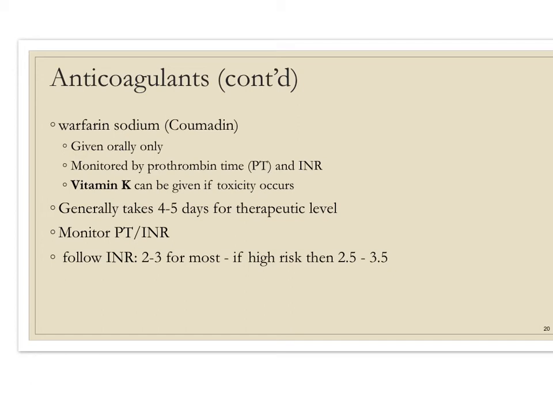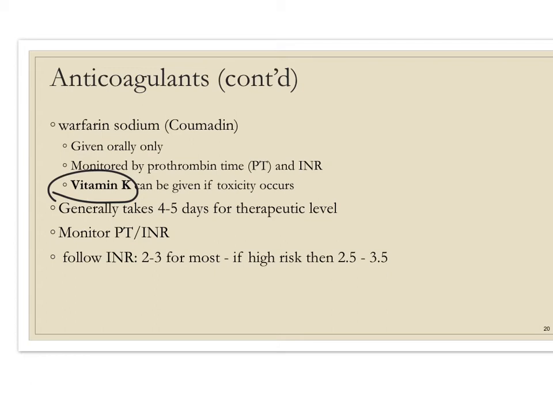And if we happen to give too much, then we give the reversal agent vitamin K. One thing with Coumadin is that the patient needs to eat a balanced diet. We want them to not suddenly increase large amounts of green leafy vegetables. That contains vitamin K, and if they get too much vitamin K, it could actually lower the effects of the warfarin.